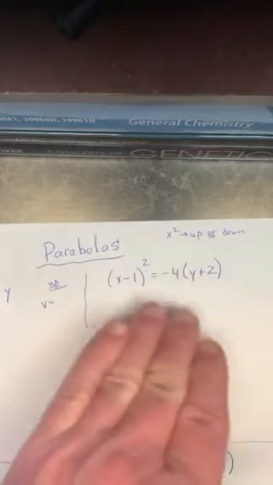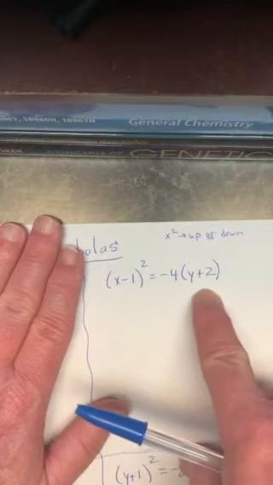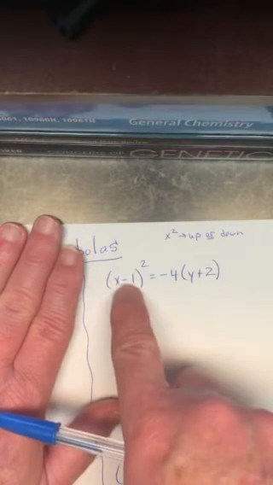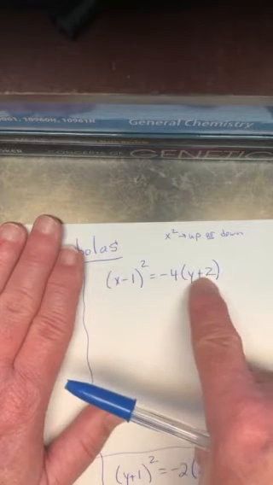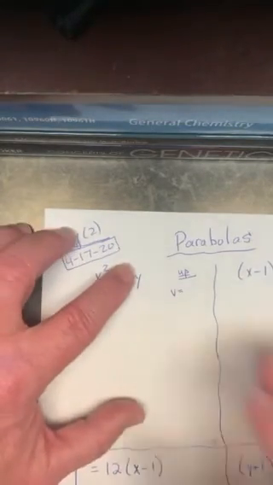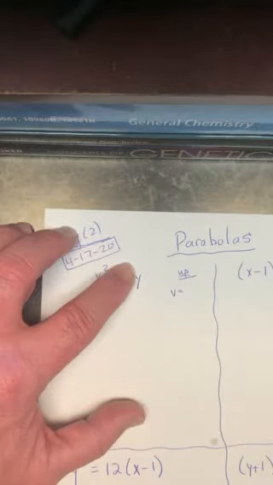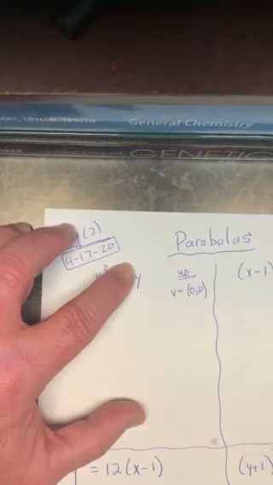So just like the last 3 days, if I looked at this second one, do you agree the vertex or the center is going to be what? What's the opposite of x minus 1? 1. And then y plus 2, the opposite would be negative 2. Since this first one just has good old x squared and then a good old y with no numbers minus or plus from them, do we agree my vertex is going to be 0, 0?